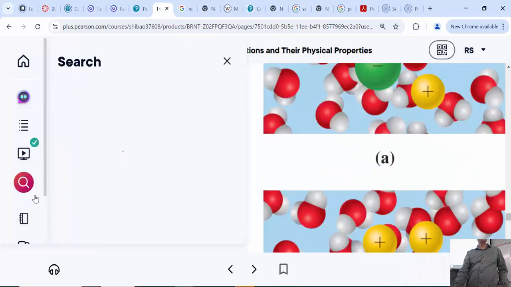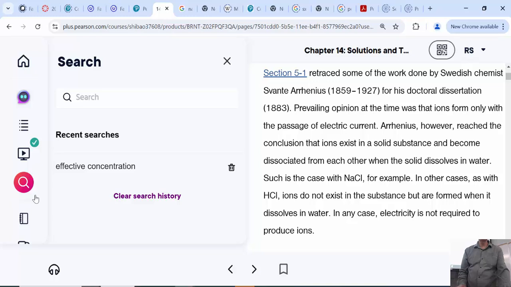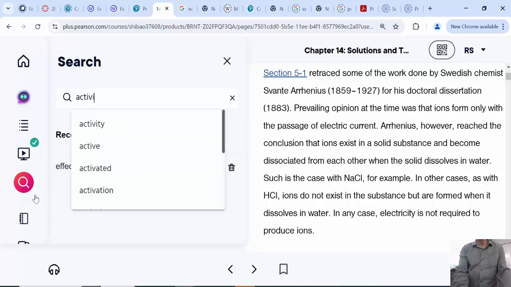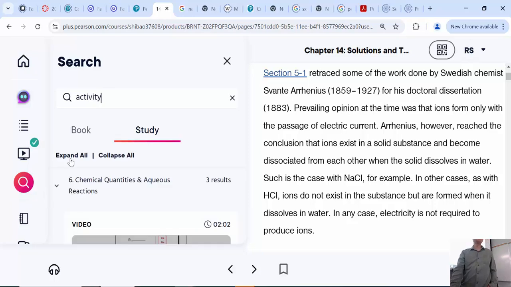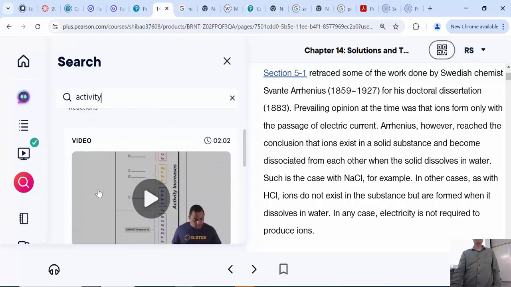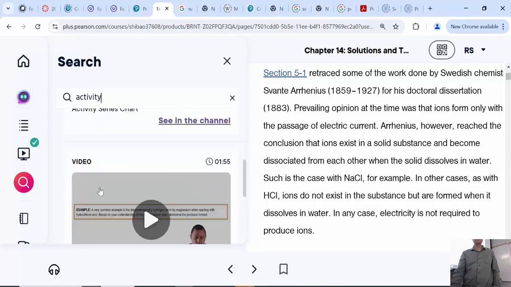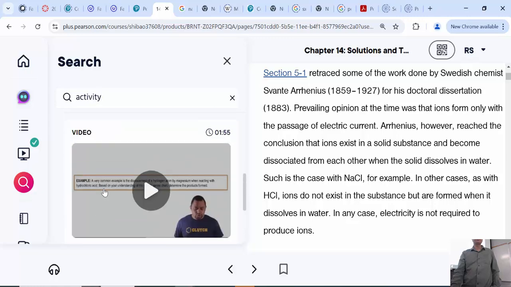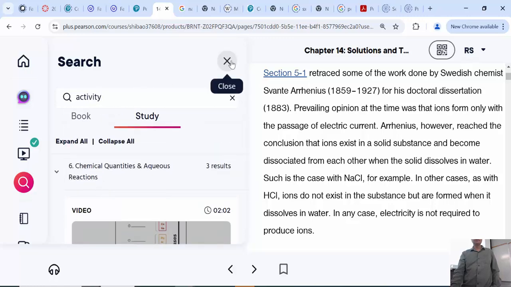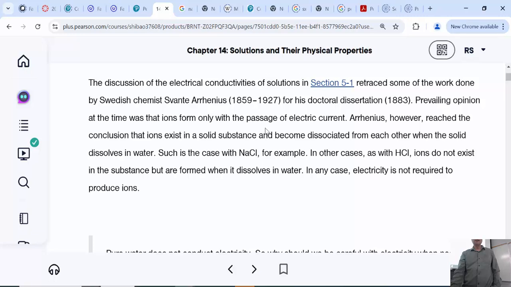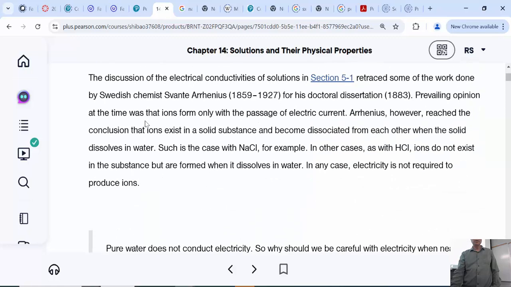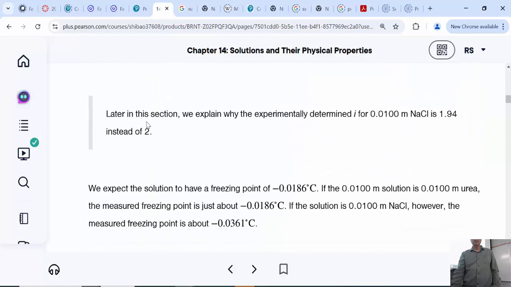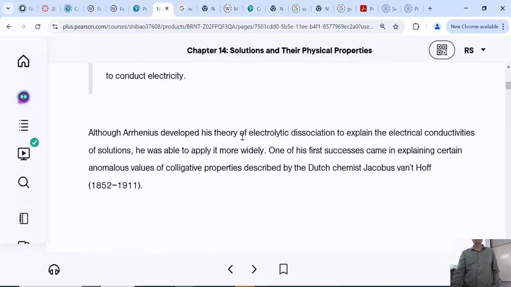The other thing is you could search the book for activity. Activities are talked about in chapter 13 too, I think. So we're going to, oh shoot, this doesn't search the book. This goes to, I had the same problem yesterday. There used to be a search bar for the book. I don't know what happened to it.